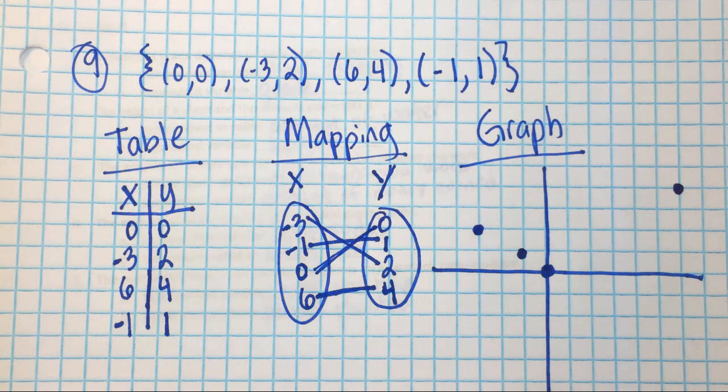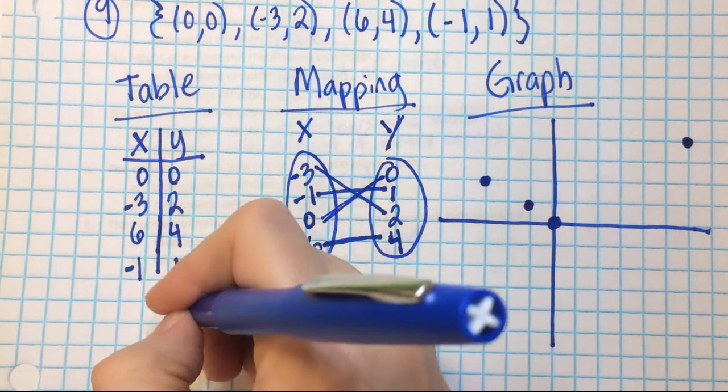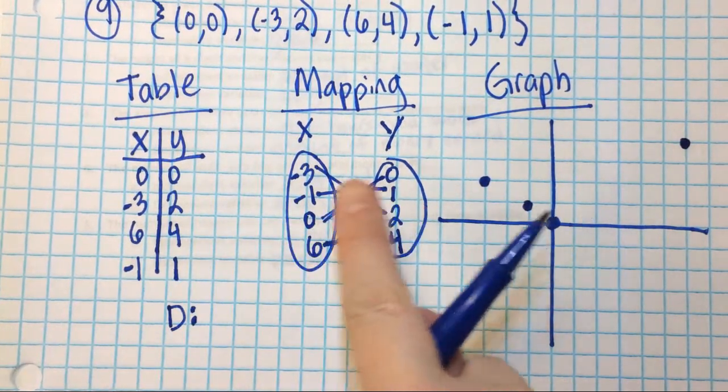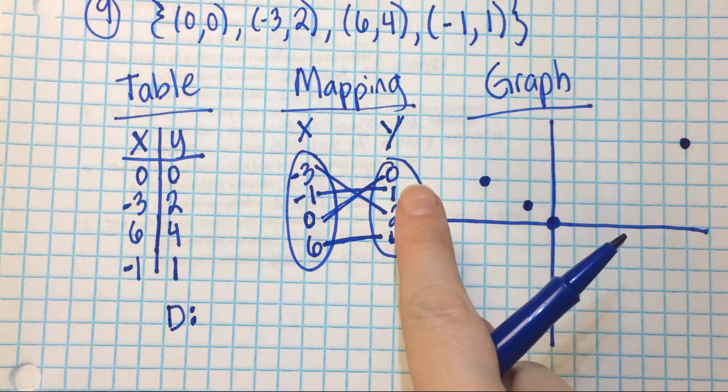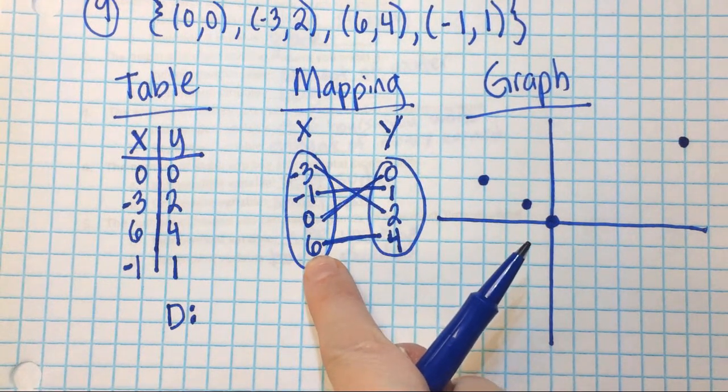So lastly, it says in the directions, determine the domain and range. Since we've already done this mapping, we kind of already have it done. Remember, domain is x values, and you have to list them from least to greatest.